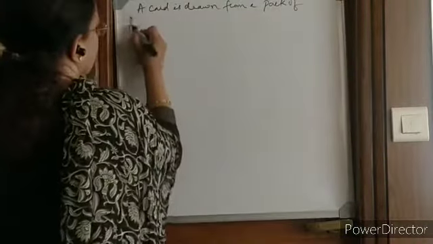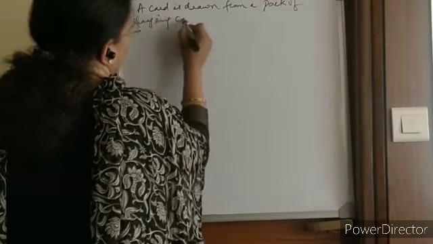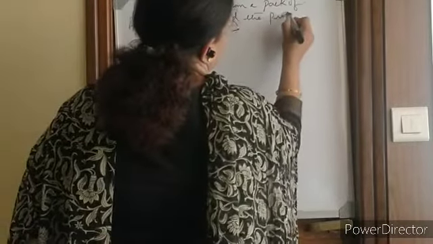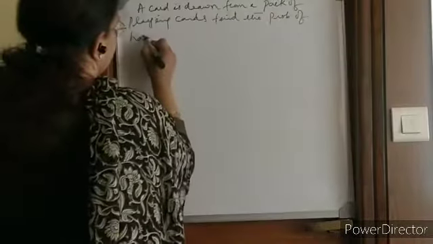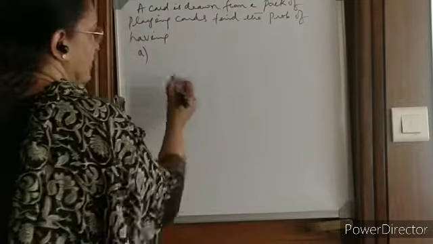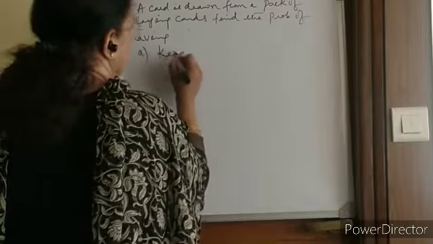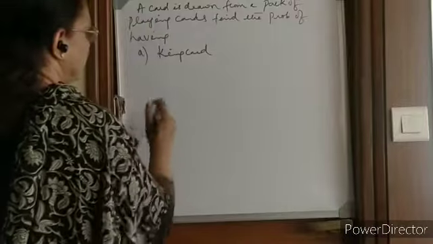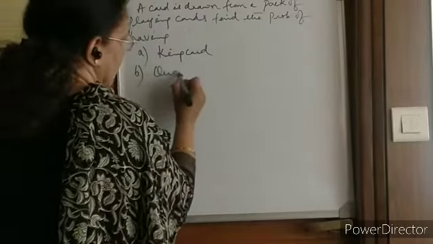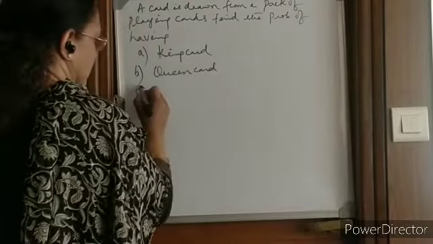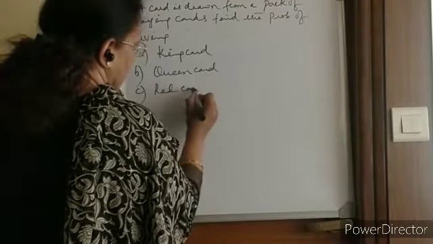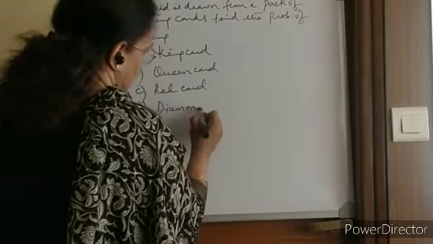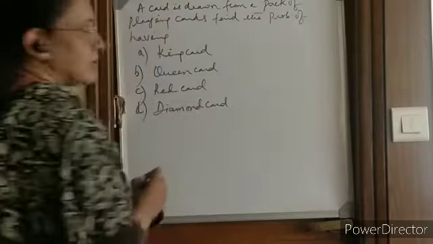Find the probability of having, see first one, king card. Now second one, queen card. So red card. Diamond card. Okay.